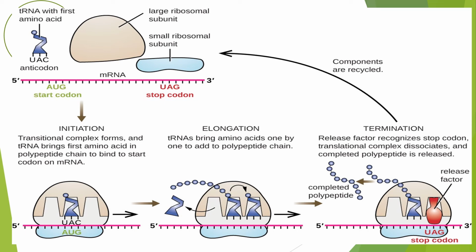So you have the translation initiation complex, and elongation happening with the use of GTP, and termination with one of the stop codons. There are three stop codons. So you can see clearly the initiation, elongation, and termination process.